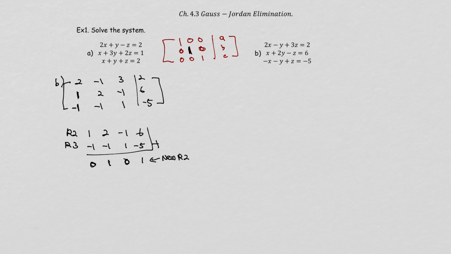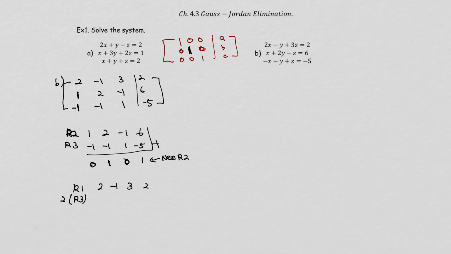Let's try another one, but this time I cannot use the same combination of row 2 and row 3. So let's use row 1 and row 3. Row 1 is 2, so we need to multiply row 3 by 2 to make it -2. Row 1 is 2, -1, 3, 2.